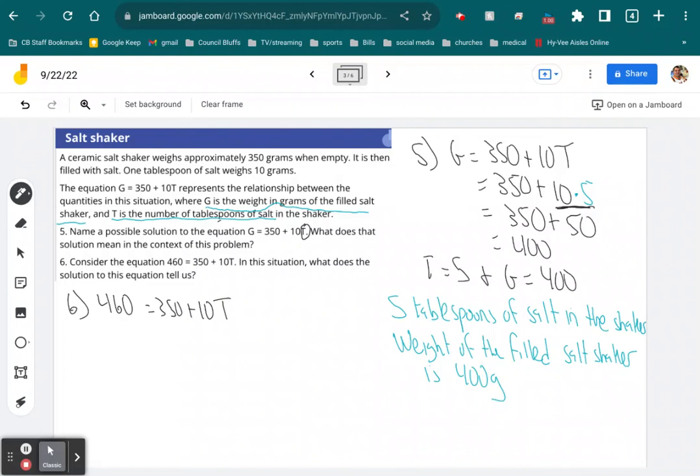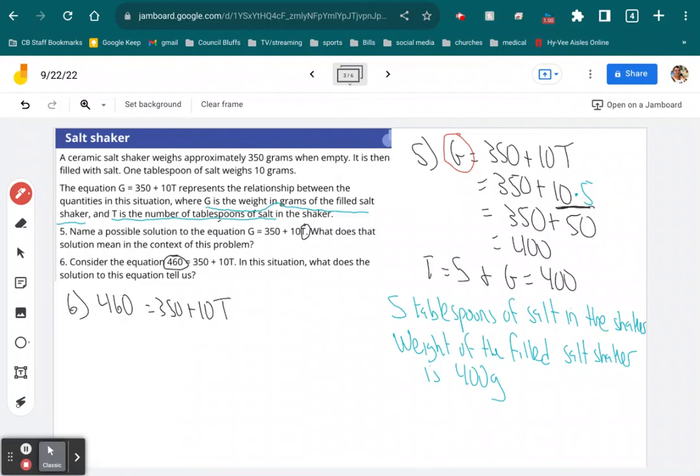So they're setting the equation equal to 460, which, remember, is the G value. The G value is the weight of the filled salt shaker. So if I were to solve this equation, notice it's not asking us to solve it. It's just asking us to tell them what the solution represents.